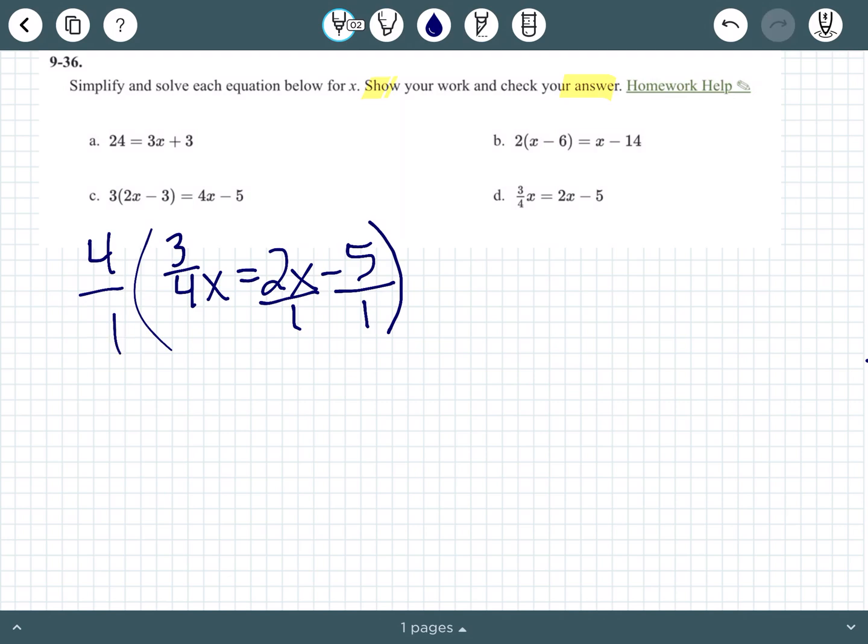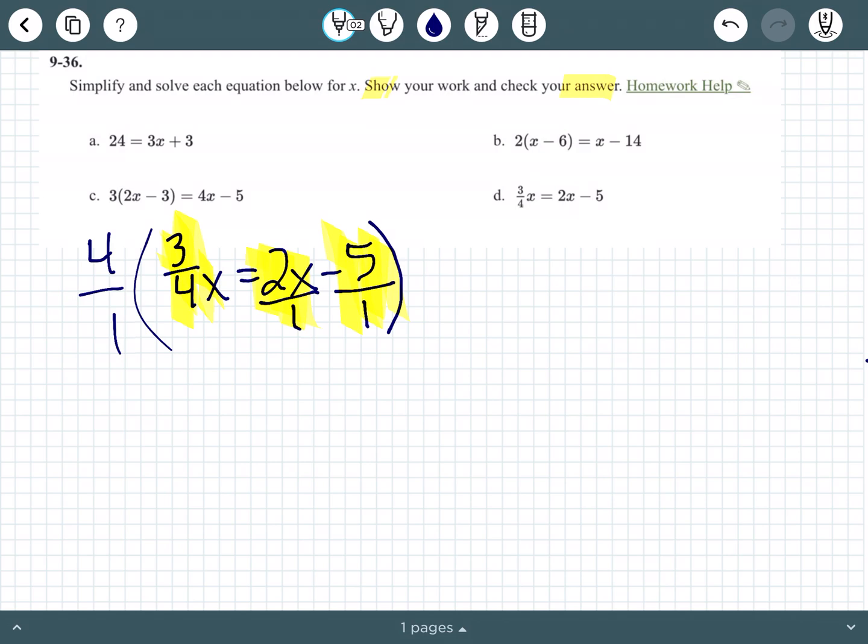So I'm going to multiply all 3 of my terms, term 1, term 2, term 3, all 3 of those by my common denominator. And in this case, it is the least common denominator.